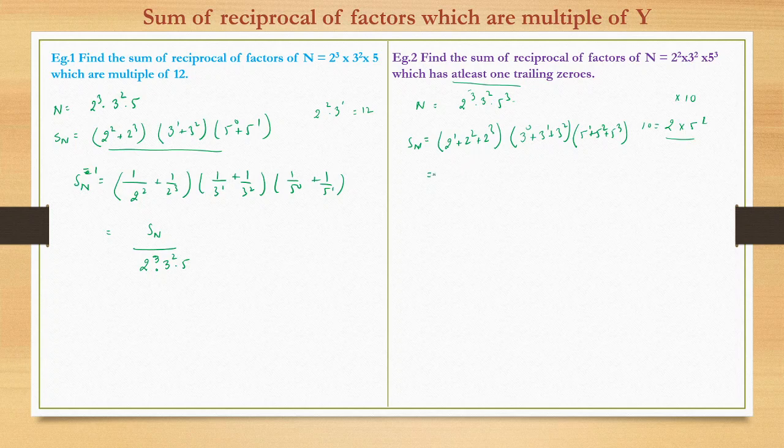Again, this would have been the answer now, but our question says to find the reciprocal of such factors. So S dash n would be what? We just take the summation of the reciprocal of each of the factors.